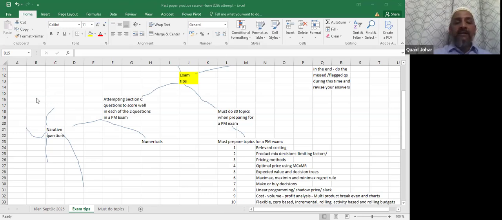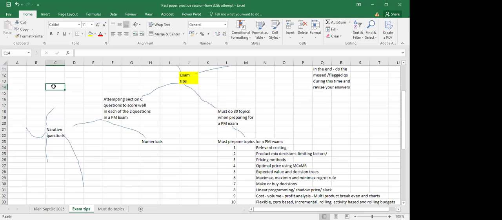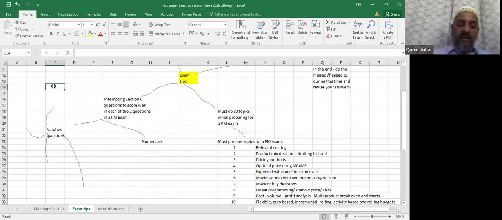Or they have asked you to give the advantages or disadvantages, so remember one thing: be scenario-based. Try to write according to the scenario, according to the situation, the case study which has been asked to you, right?